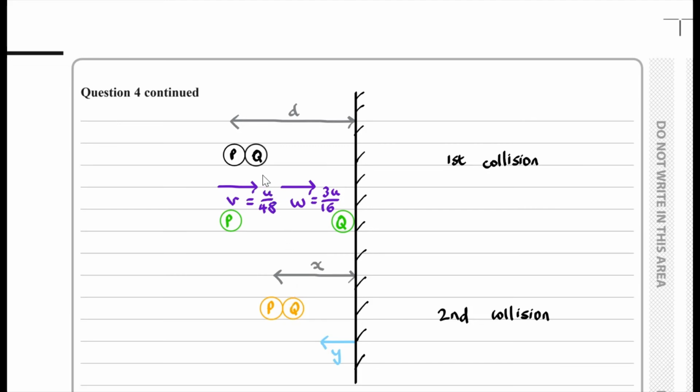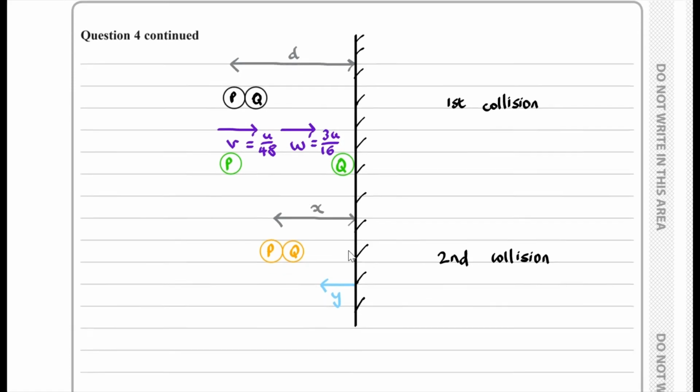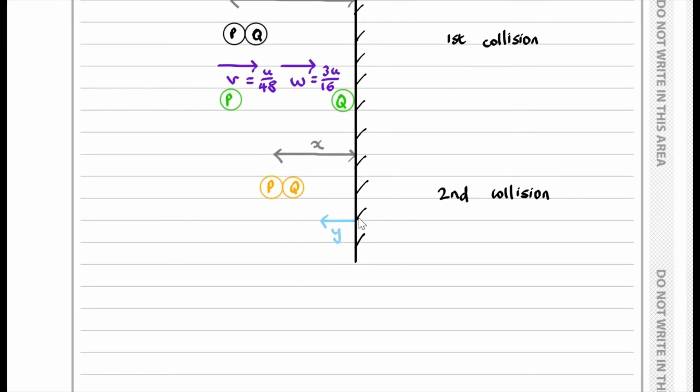Okay, and the way to think about this is we have to think about the various different speeds involved. Before anything, we need to find out what this speed y is when they bounce back.